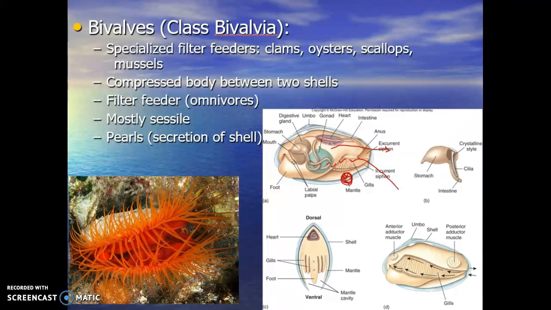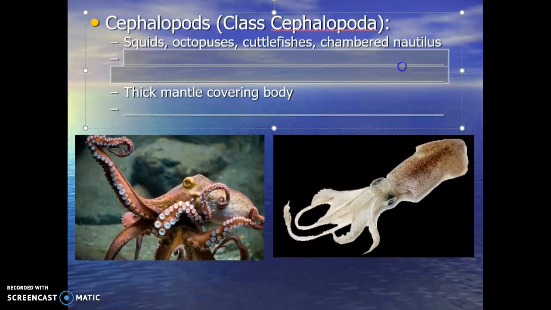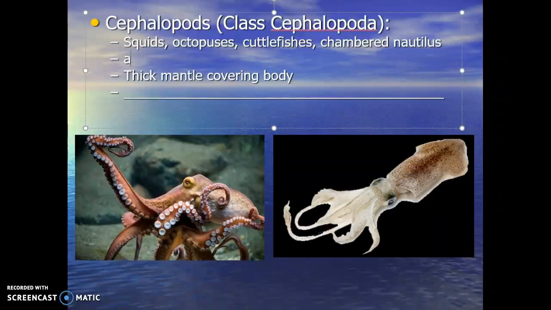So, okay, now probably the most interesting and exciting class of mollusks, the cephalopods, Cephalopoda. Squids, octopuses, cuttlefish, chambered nautilus, all these guys are active marine predators. Some awesome species and representatives in this group.